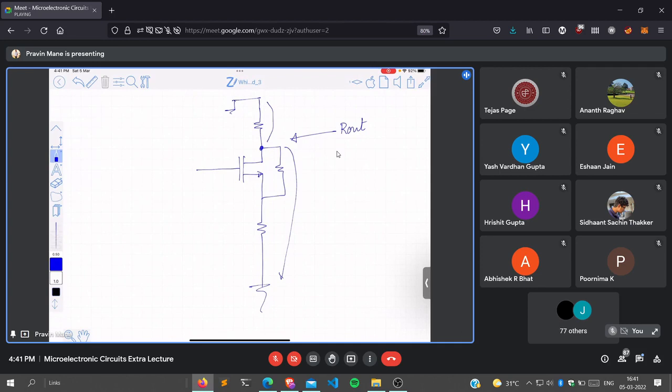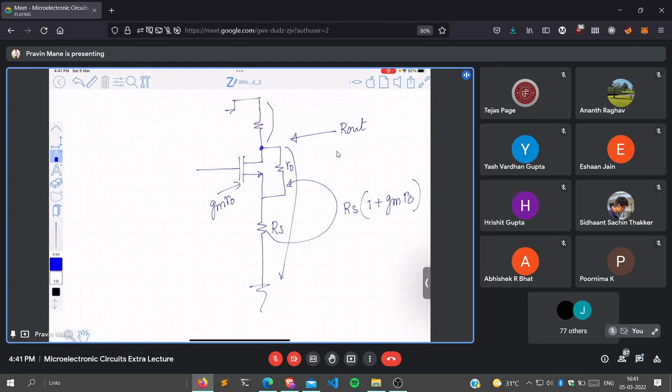Now how to remember the equation for Rout? The simplest way is this RS should be removed from here and placed here in series with RO. What is the rule? This RS should be multiplied by 1 plus GMRO.